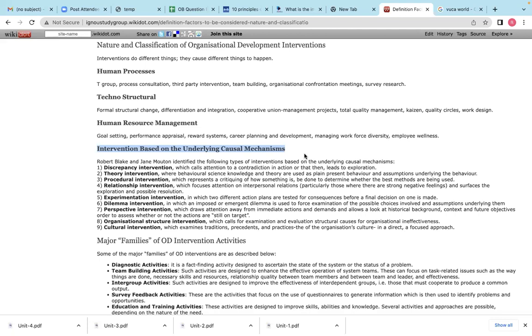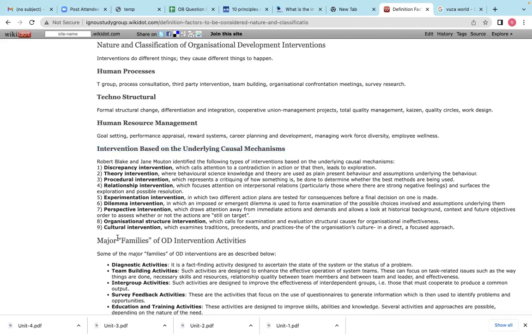So that is perspective intervention. Okay, based on your history, you are checking in the current context and making sure that your perspective is still right. The next, eighth, is organizational structural intervention. Okay, so this is also evident. Here you are talking about organizational structure. Ninth is cultural intervention. So this is also clear, focused on the cultural aspects.